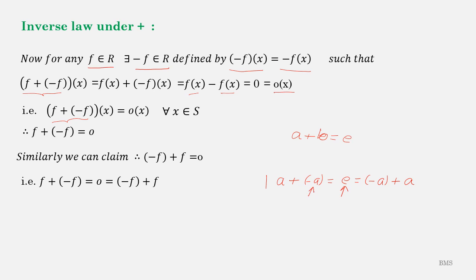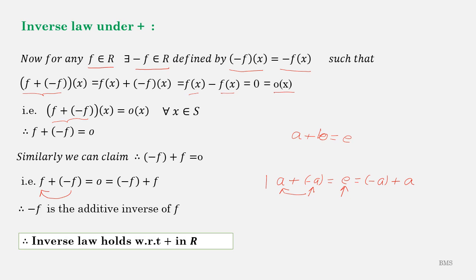Therefore, this should be the inverse of this. Therefore, -f should be the inverse of f under addition. Therefore, -f is the additive inverse of f. So, what do you conclude? Inverse law holds in R with respect to plus.